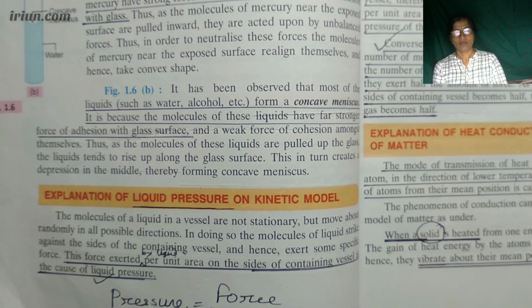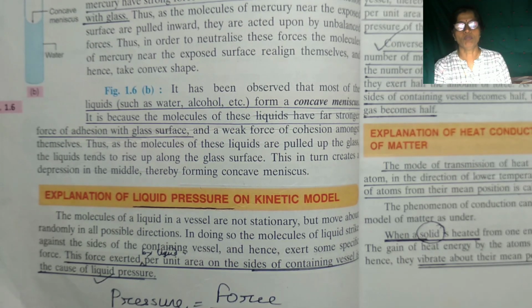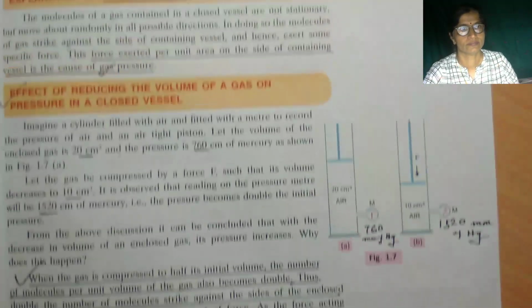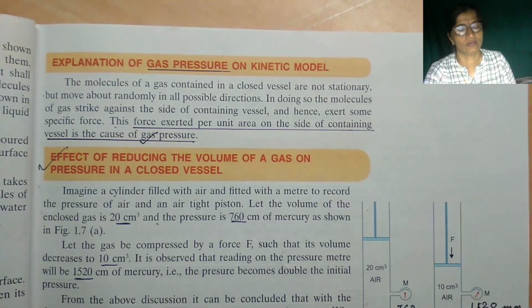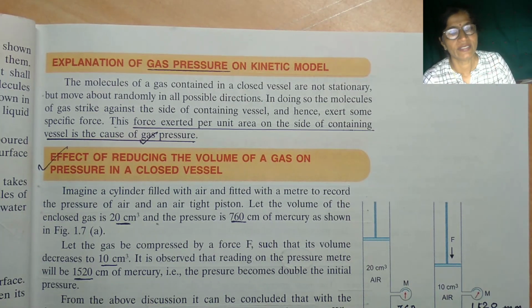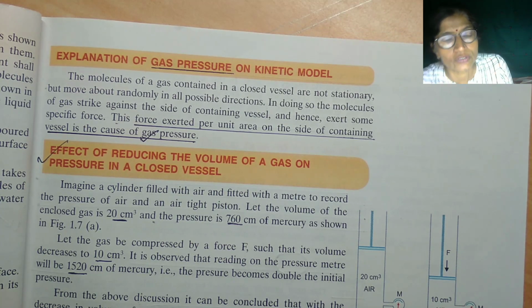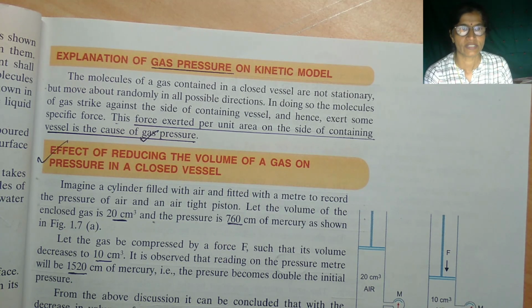In the same way, when gases are there, we know that gases also move in all directions. The molecules of gas contained in a closed vessel are also not stationary. They are also moving randomly in all possible directions, and in doing so the gas molecules also strike the side of the containing vessel.